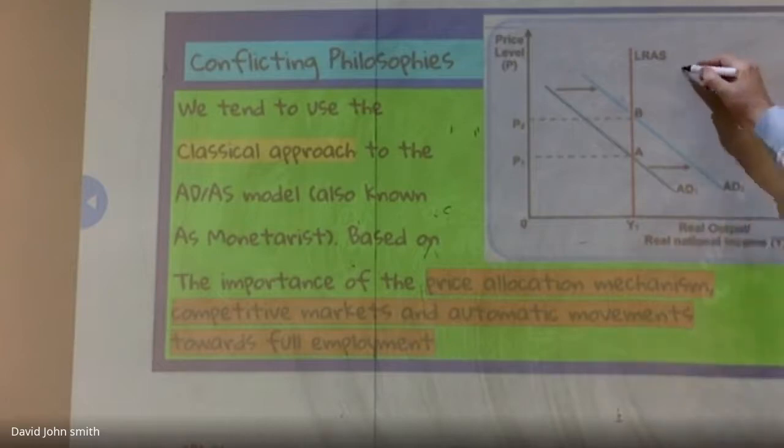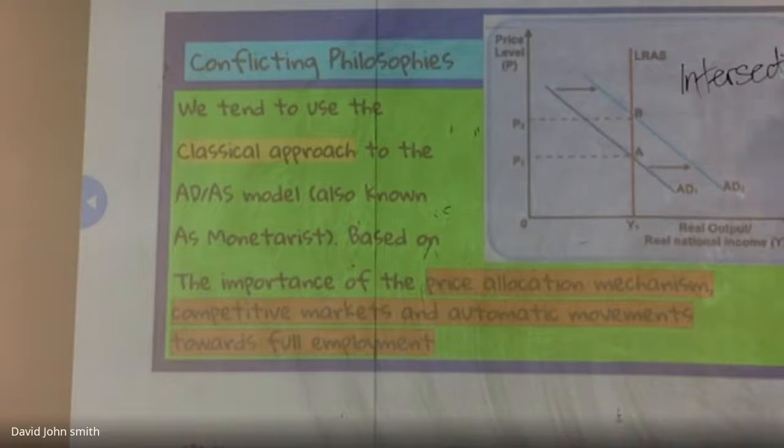So I want you to see an intersection between LRAS and AD. Where is the intersection? So you started here, and we went here, then here, then here. But if this is the long run, where do we end up?